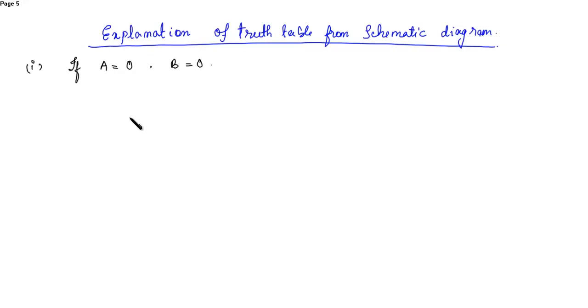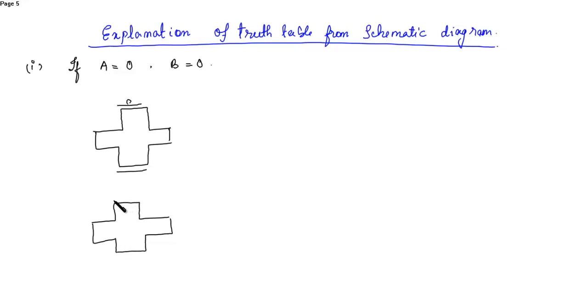Now when A is equal to 0 and B is equal to 0, then from our schematic diagram, this is the final output Y. This is the input A, this is the input A bar, this is B, this is B bar, and this is B. Okay.